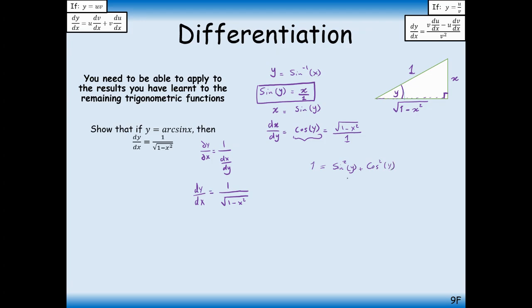And if we had not used this, we could have figured out, subtracting sine squared from both sides, that cos squared of y is 1 minus sine squared y, and taking the square root of both sides, I would have come to the same conclusion that the square root of 1 minus sine squared of y is cos of y.